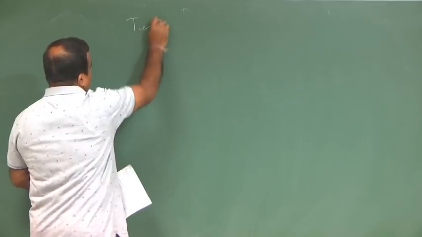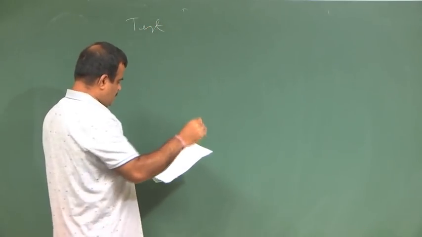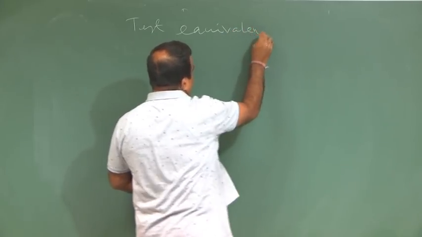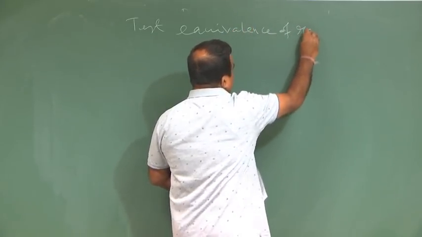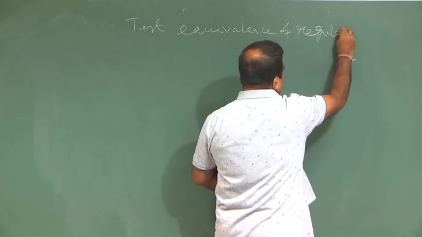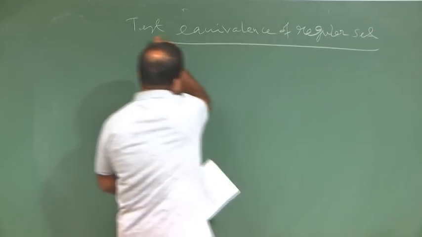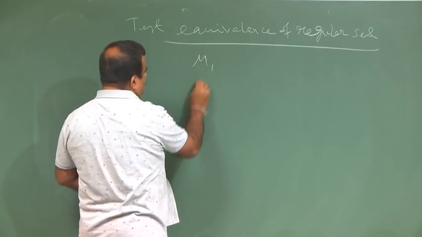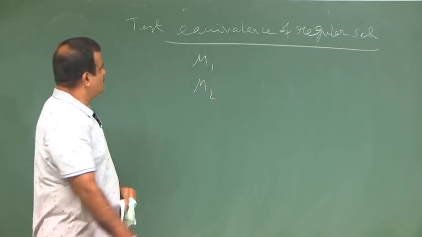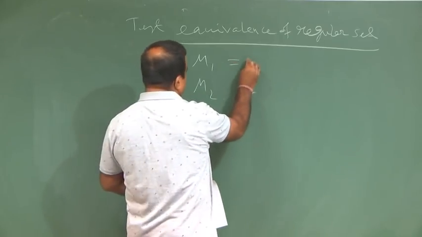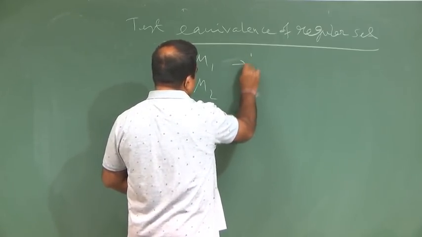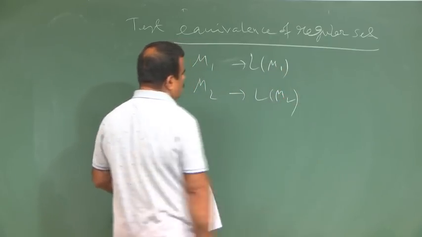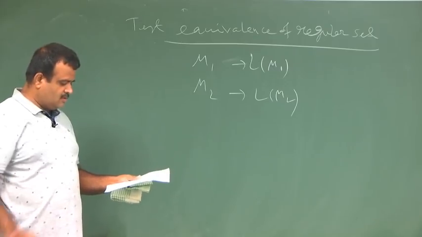We can test the equivalence of regular languages. So, given two DFAs M1 and M2, how do we test whether they accept the same language? So, this is L of M1, this is L of M2. So, we want to check whether they are equivalent or not.